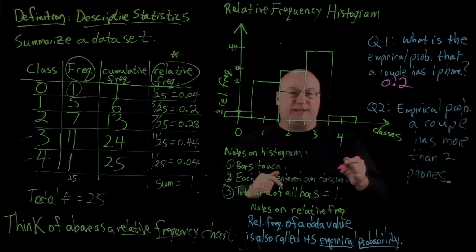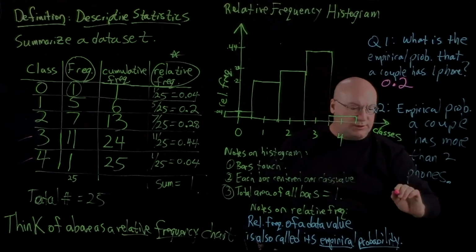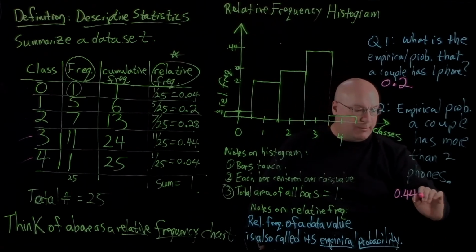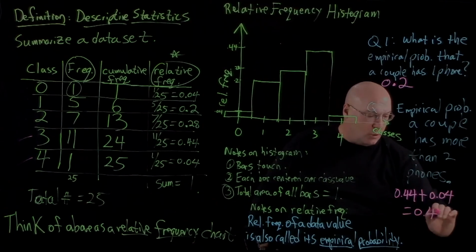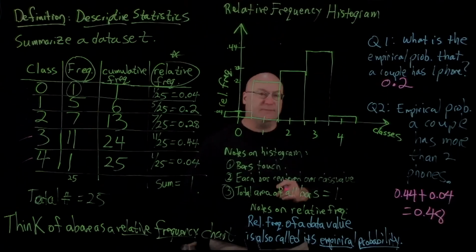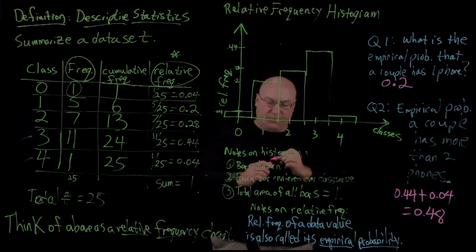And either way, I'm going to get the same answer. I'm going to get 0.44 plus 0.04, which is 0.48. Okay, hope that makes sense.